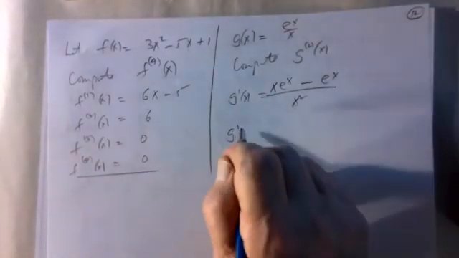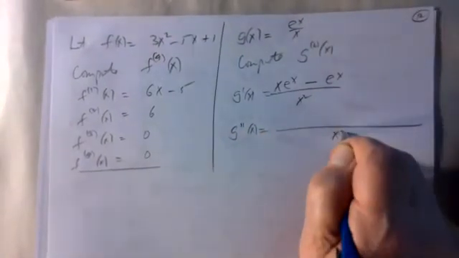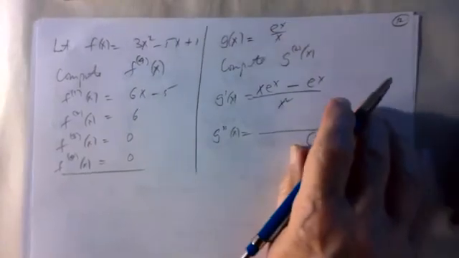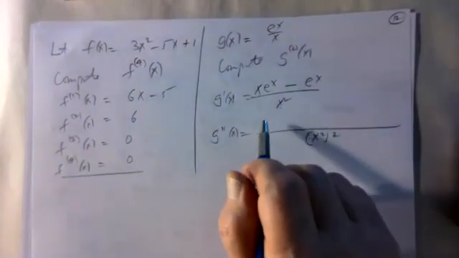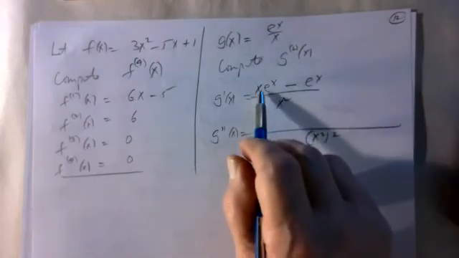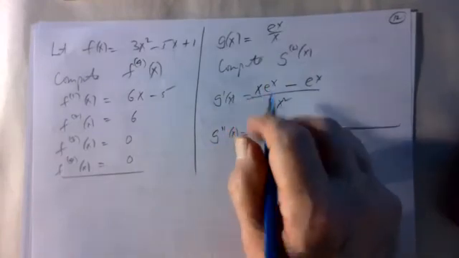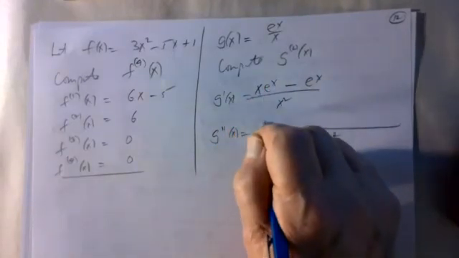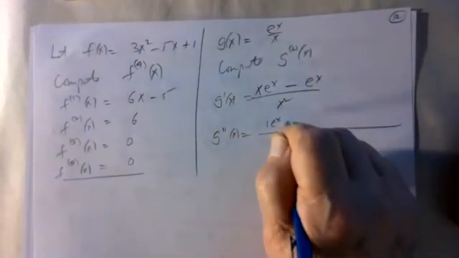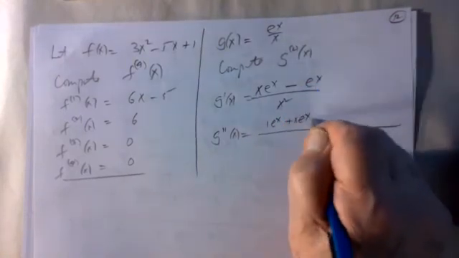And what is the second derivative? It's x squared squared in the denominator, and in the numerator is the derivative of the numerator, the derivative of x e to the x minus e to the x. The derivative of x e to the x is 1 times e to the x plus x e to the x, minus e to the x.